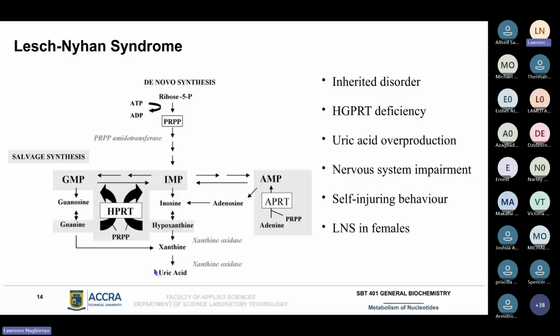So you have excessive production of uric acid, which we saw earlier can result in some nervous system impairment. But in this case, it's very severe.